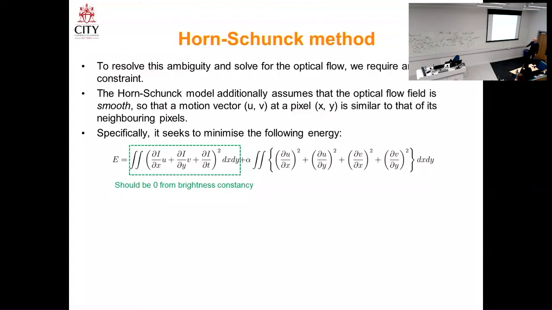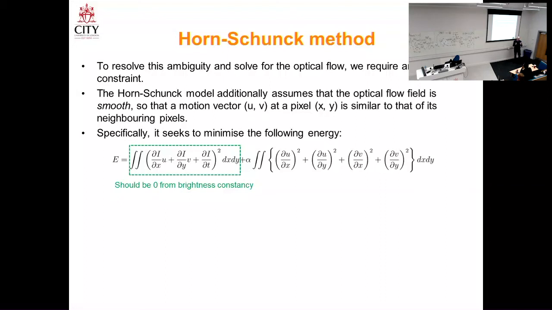then we want to find a flow field that makes this 0. And in the Horn-Schunck technique, the other thing they're doing is making sure that the flow field is smooth. So what we're going to do here is take derivatives of the flow with regards to x and y, okay? Since I have flow horizontal and vertical, I end up with 4 terms here. And here what I'm doing is I'm penalizing flow vectors that change.